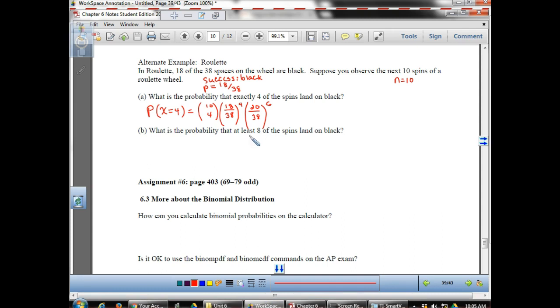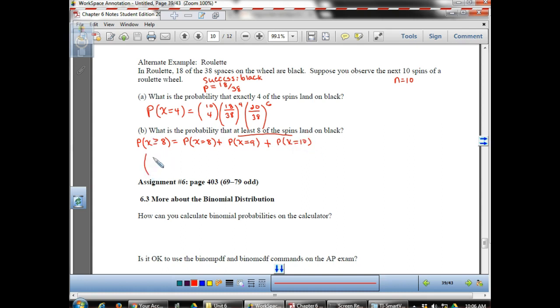Okay, so let's do the next one. What is the probability that at least 8 of the spins land on black? So I need to write this out as the probability that x is greater than or equal to 8. So that would be the probability that x equals 8, plus the probability that x equals 9, plus the probability that x equals 10. And these are pretty quick to set up.